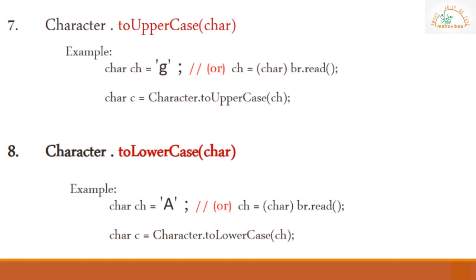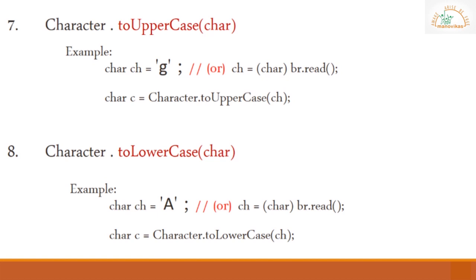The next is to lowercase of a character. This function will convert the assigned or the inputted letter to a lowercase letter form. Here also the result will be a character, because here also the conversion from one case to the other case is happening. No other checking is happening.